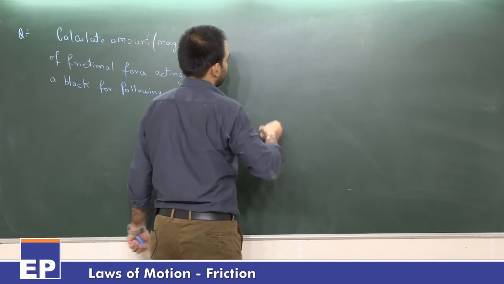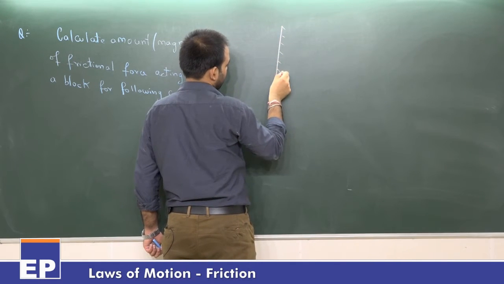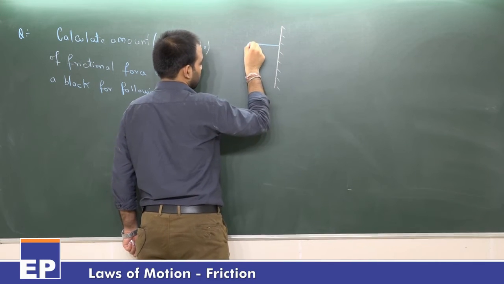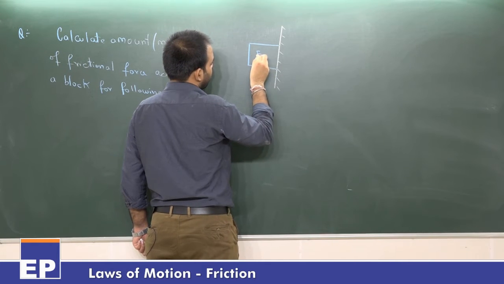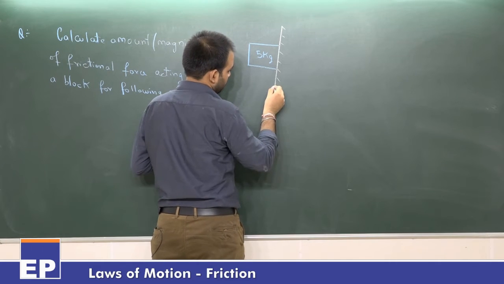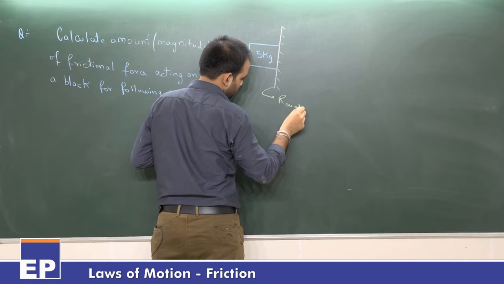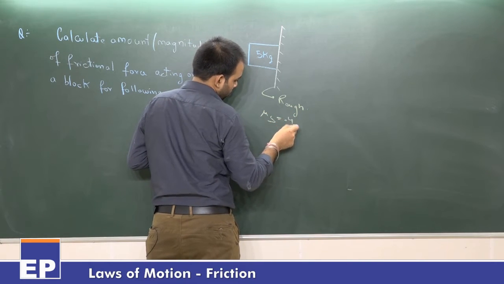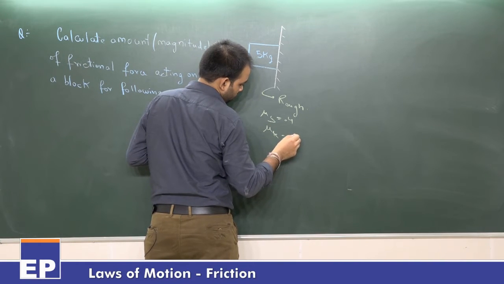This is the case. This is a block of 5 kg. Surface is rough. Let's suppose mu s max is 0.3 and mu k is 0.3.